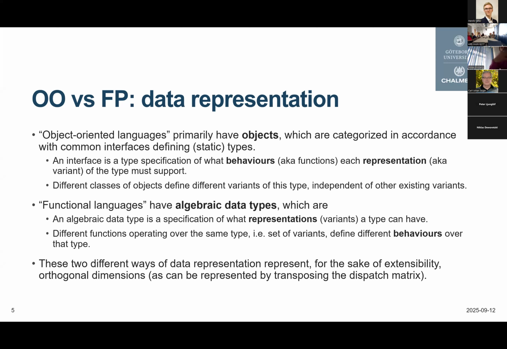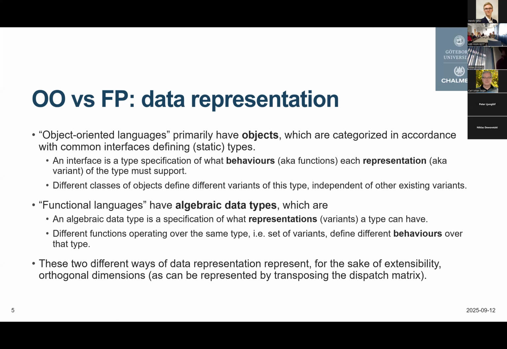They might be in the form of classes, they might just be interfaces, but they somehow define a type as a specification of the behaviors expected of all the representations or variants. Okay, so different classes of objects in a language that supports classes like Java, for instance.